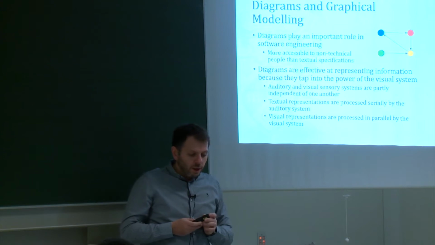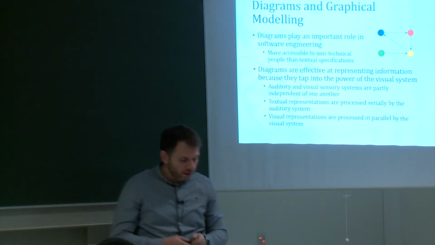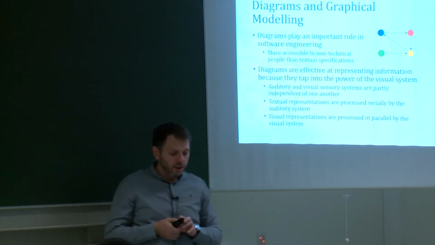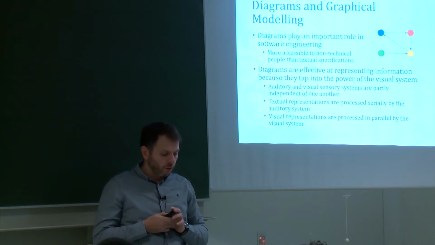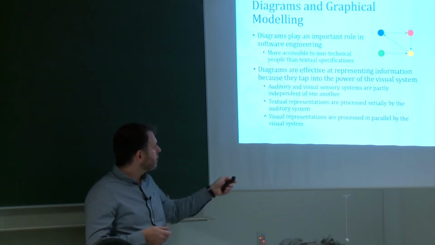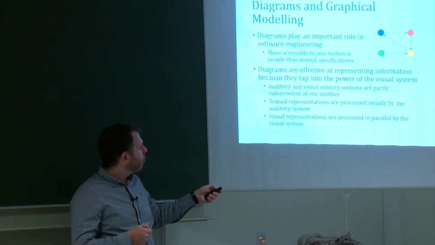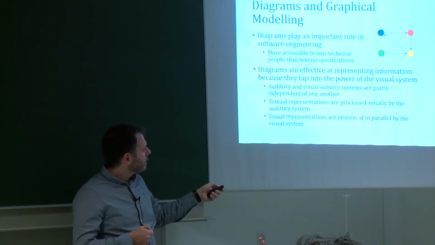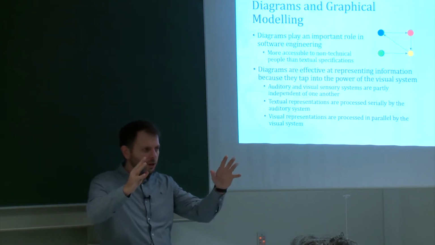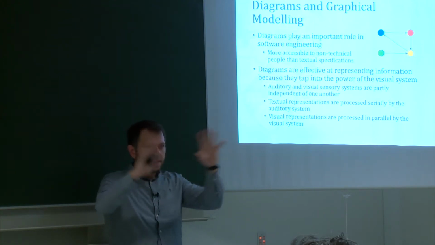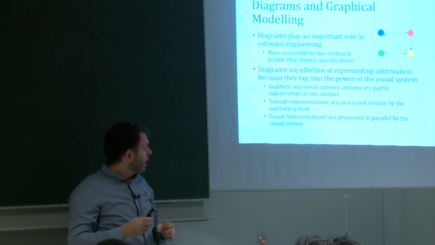The reason why diagrams are so useful is because they actually make use of the power of our visual system. So visual representations, when we see a diagram, the visual system of our brain kicks in, which is highly parallel in nature. And that's why we can see a picture and we can immediately get a feeling about what's happening there.